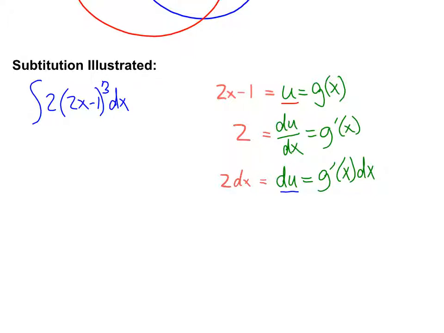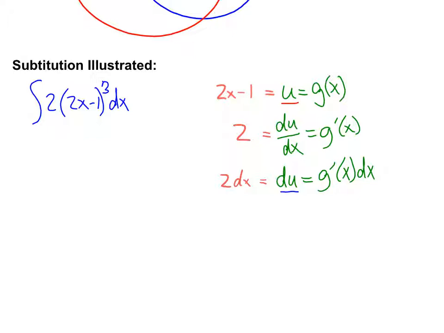So, using the rule, because it's linear, I automatically know this, okay? Check this out, guys. I have 2x minus 1 cubed. What's the integral of something cubed?